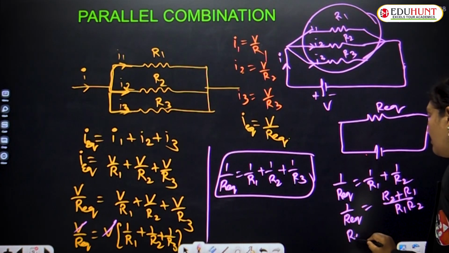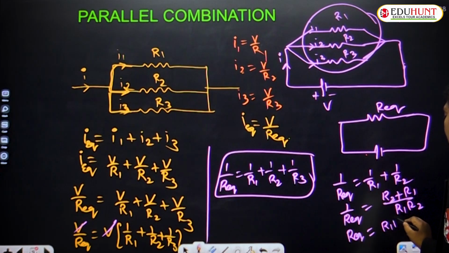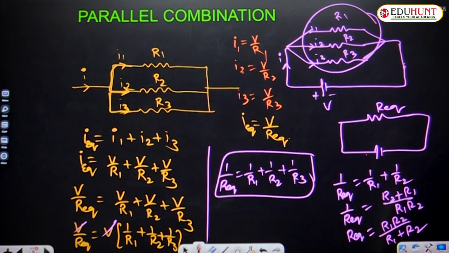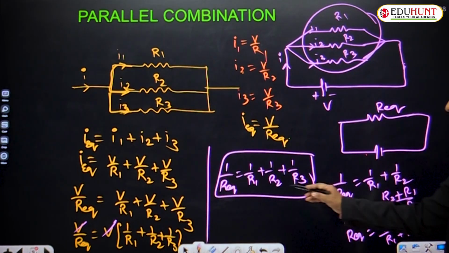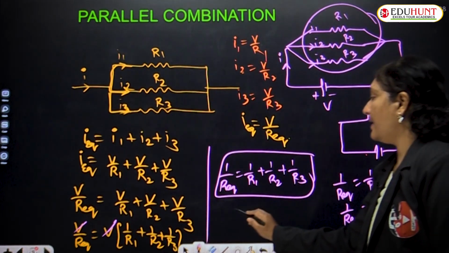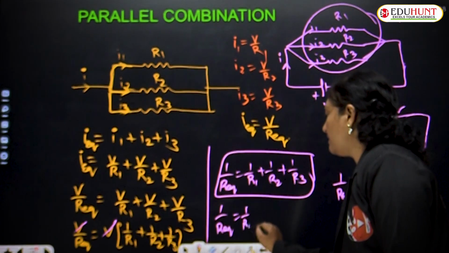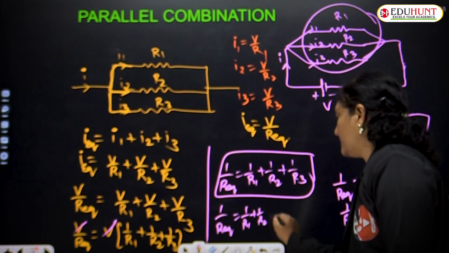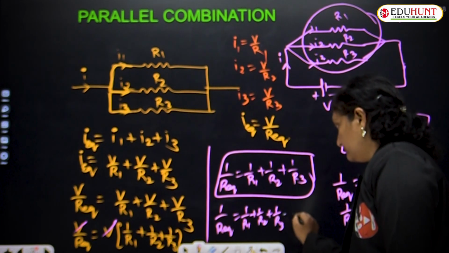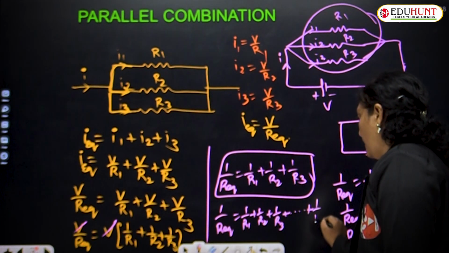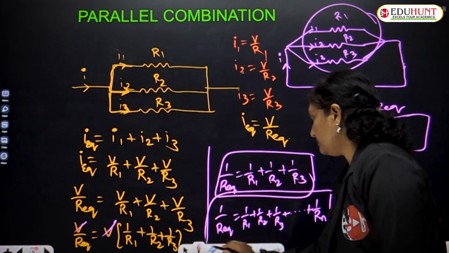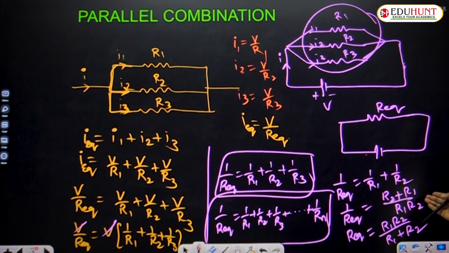So R equivalent can be written as R1 R2 upon R1 plus R2. This is the case, children, for two resistors. Suppose n resistors are there, then 1 by R equivalent can be written as 1 by R1 plus 1 by R2 plus 1 by R3 and so on up to 1 by Rn.